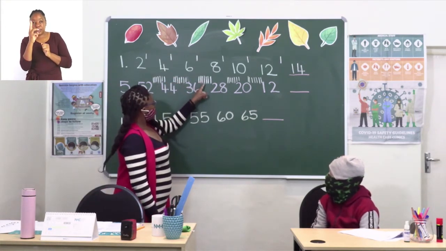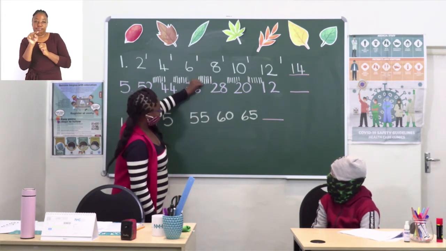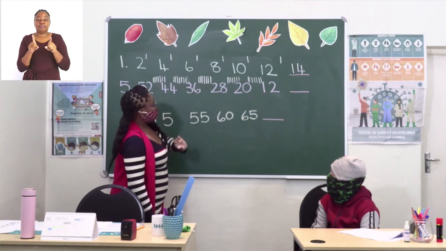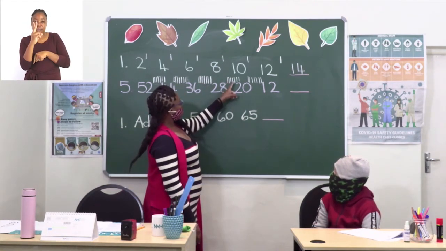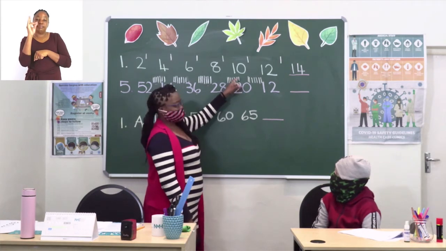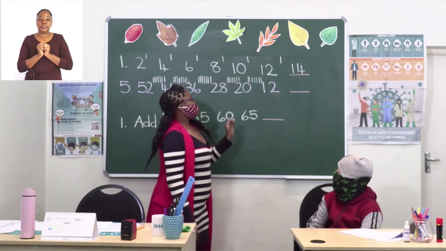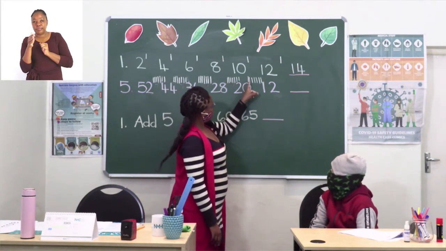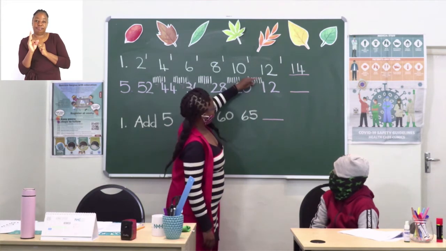It looks like some pattern is coming out here. Let's count the next one. 1, 2, 3, 4, 5, 6, 7. Okay. Again. 1, 2, 3, 4, 5, 6, 7.